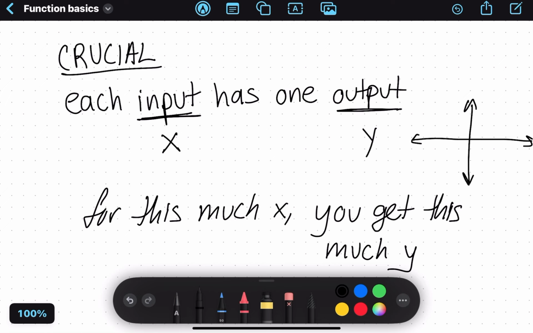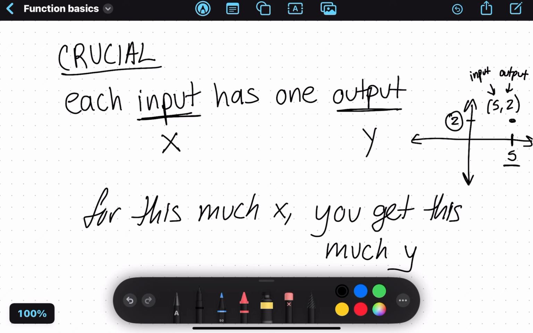If X is 5, and we have a point right here, let's say Y is 2, the input would be 5 and the output would be 2, right? And that would be written as (5, 2). So the input is always the X value and the output is the Y value. Very important to know.